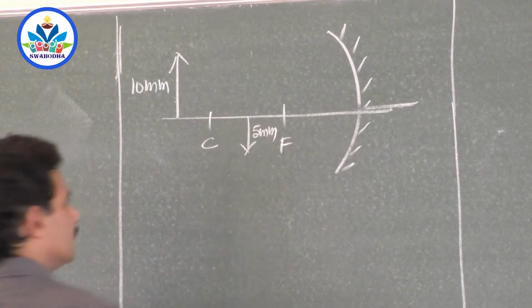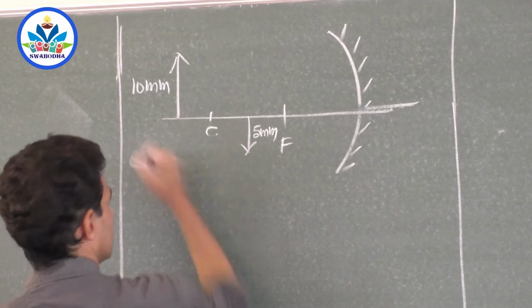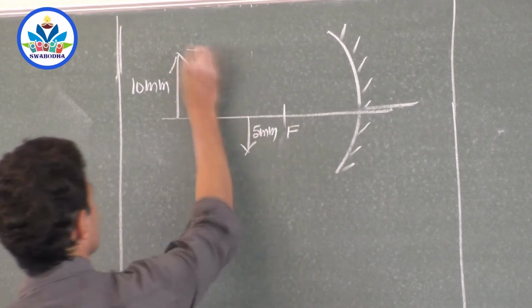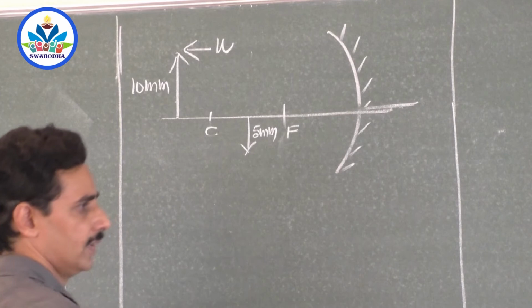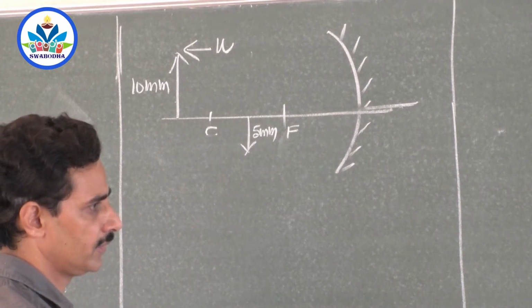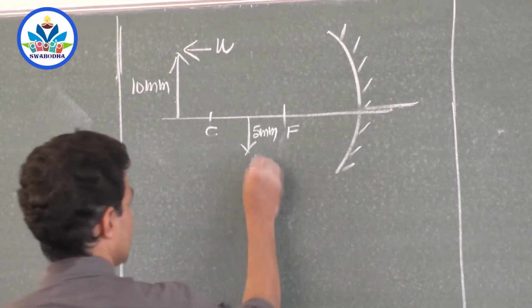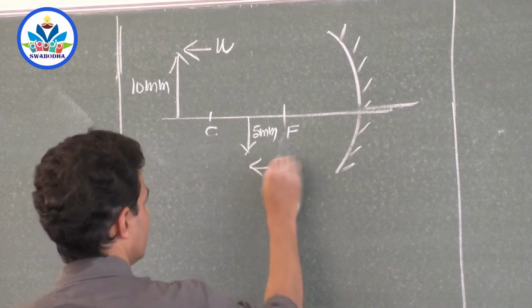These are all the things we know. Object distance is not given, only the height of the pin. A 5 millimeter long image is formed at a distance of 30 centimeter in front of the mirror.